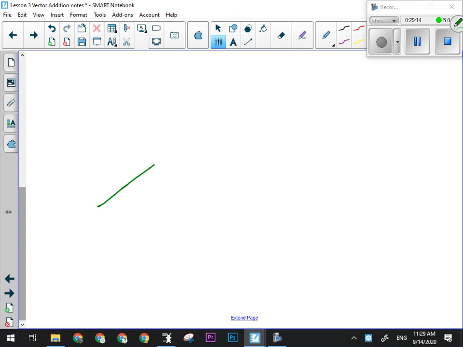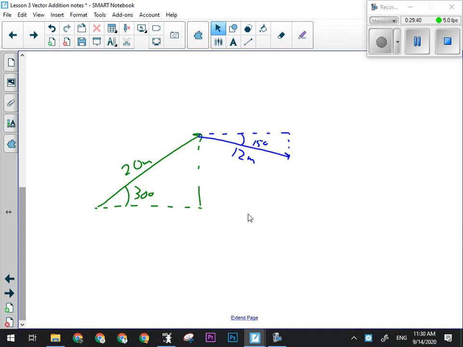let's say I've got this. If I want to find the total displacement of this object, it would be this red arrow.